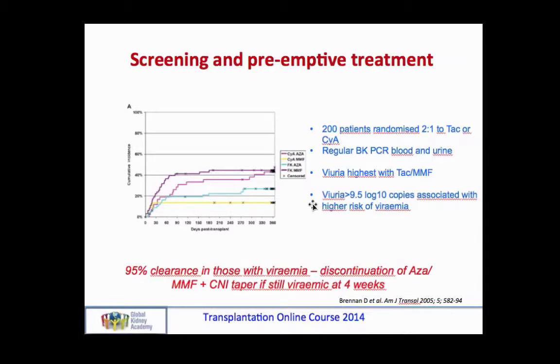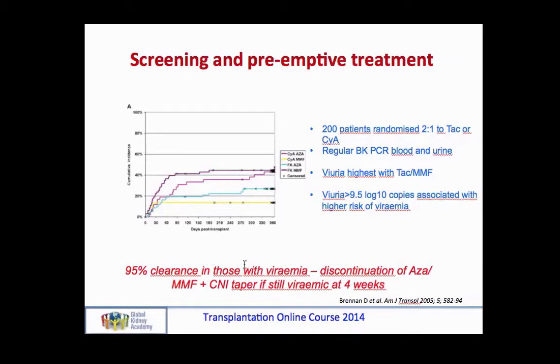They had regular screening of BK virus in their blood and urine, and one of the interesting findings at the time was that viuria was highest in those on the combination of tacrolimus and mycophenolate. That's this purple line here, and viuria of more than 10 to the 7 copies was associated with a high risk of viremia.